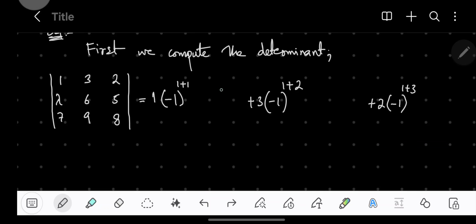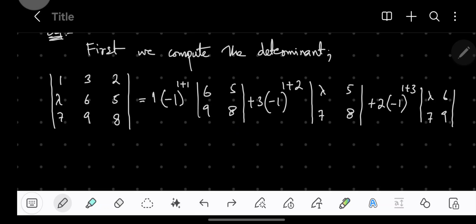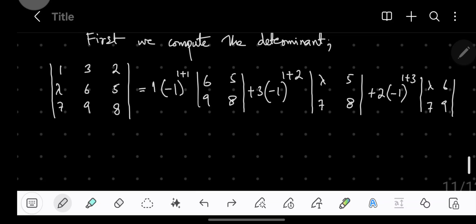And we will write the determinant of the submatrices. You can check how I have written this. Very easily, whenever you are working with 1, I will ignore this column and this row, and I will write this determinant.